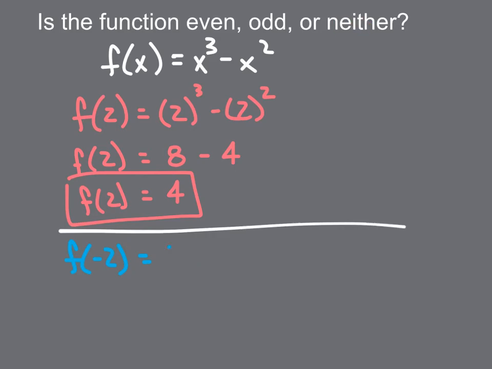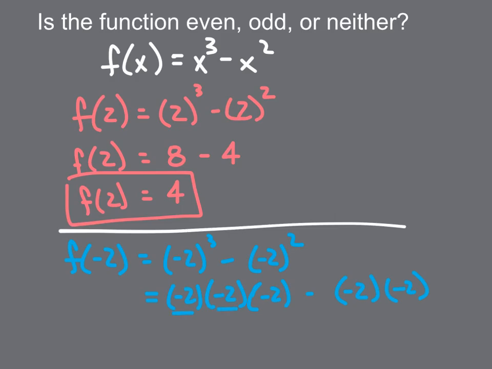So let's plug in the quantity negative 2 cubed and then minus negative 2 squared. Negative 2 cubed is going to give us, and let's write this out because the negative ones are kind of tricky, negative 2 times negative 2 times negative 2 minus negative 2 times negative 2. So multiply first.